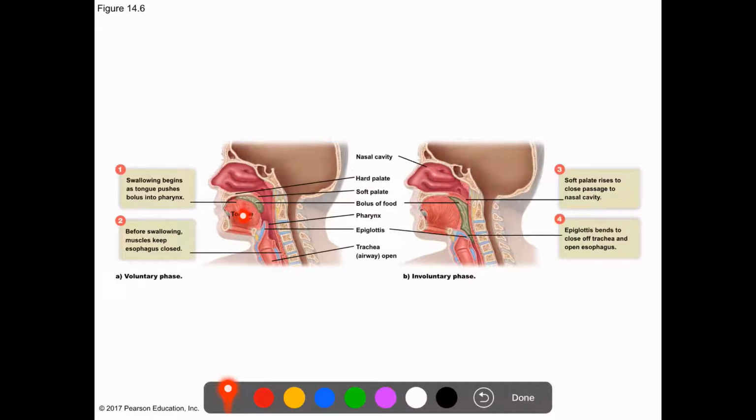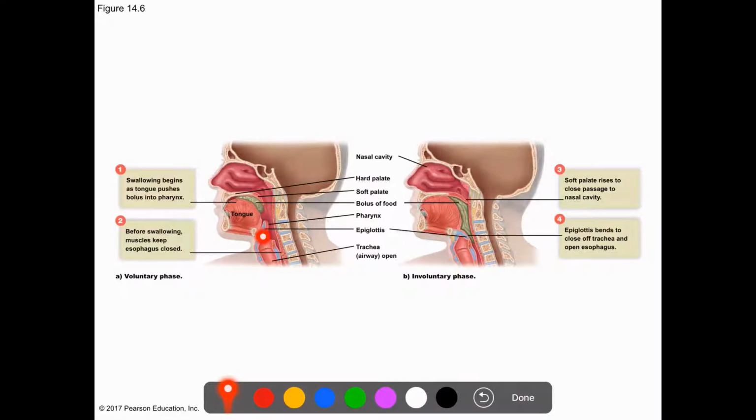Now, once the food is within the mouth, it has to be swallowed. So swallowing would begin as the tongue is pushing the food toward the pharynx. There we have the epiglottis, which is going to cover the trachea. So no food, no solid objects, whether it's liquid or not, is going to go through the trachea.